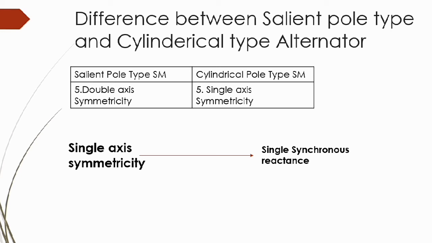Okay, so the fifth thing is, the difference is salient pole has double axis symmetricity. What is double axis symmetricity and what is single axis symmetricity? In single axis symmetricity, you use a single synchronous reactance. That means the air gap between stator and rotor is almost constant at every point.